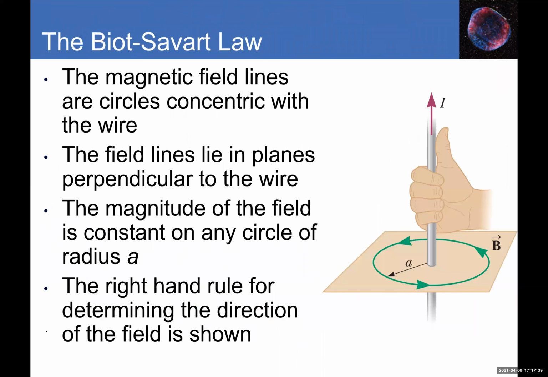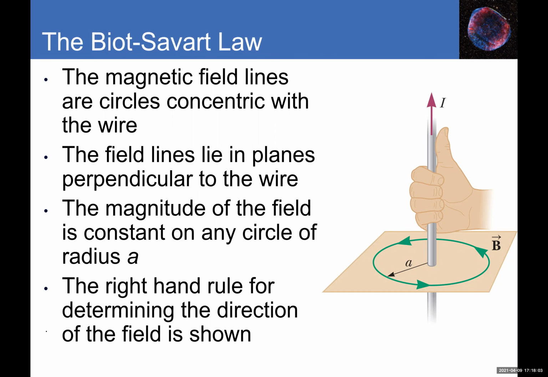All right. As I showed you, the second right-hand rule allows you to find the direction of the magnetic field. The magnetic field always curls around the wire. Your thumb is the direction of the current, and your fingers curl in the direction of the magnetic field.